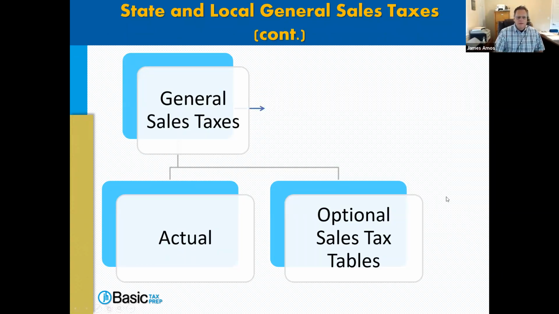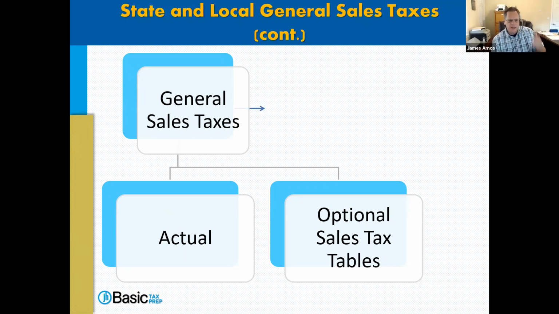Okay. So when you're taking general sales tax, how do you deal with that? You can take the actual taxes that you paid or the optional sales tax tables. Now, actual taxes that you paid would be a serious problem to keep.